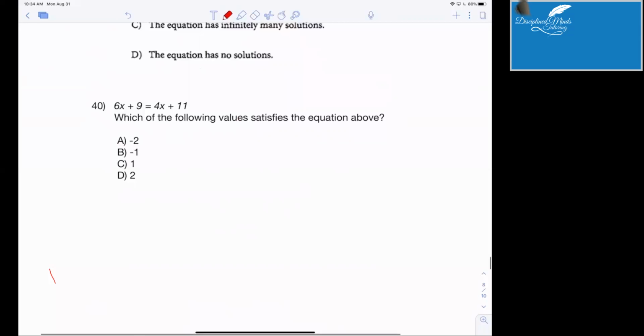All right, number 40. 6x plus 9 equals 4x plus 11. Everybody do that real quick. Which of the following values satisfies the equation? 30 more seconds. Alden, did you get it?